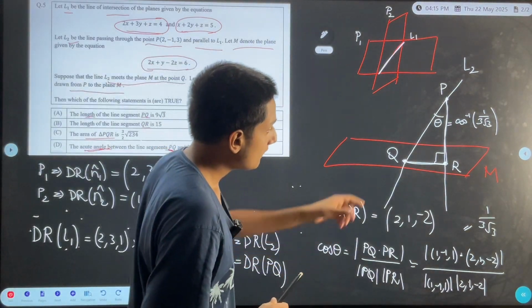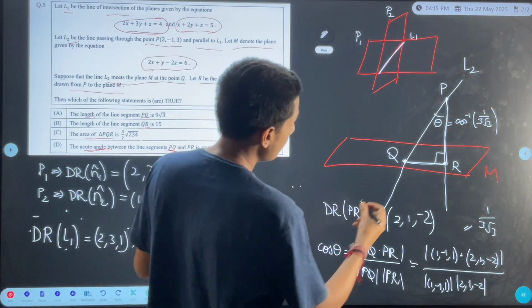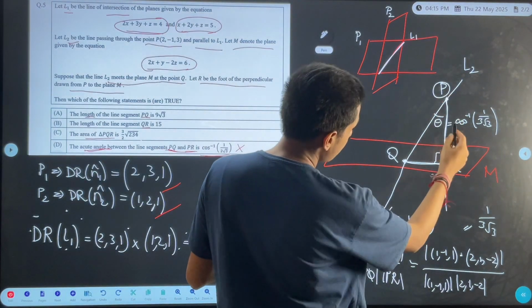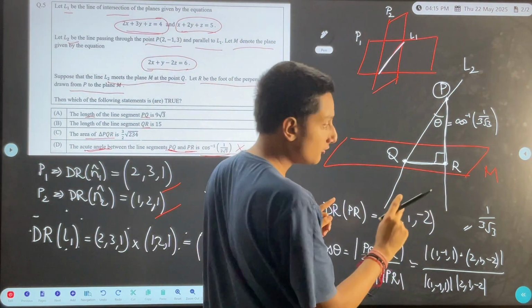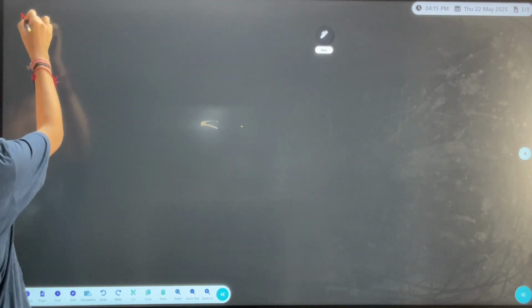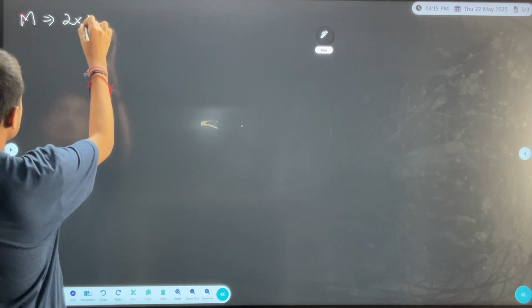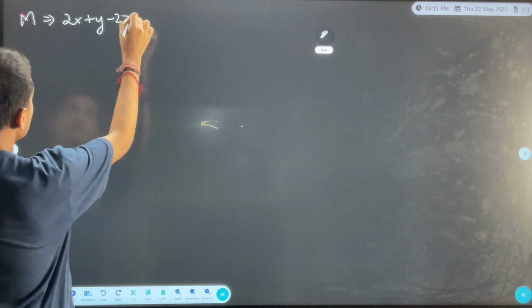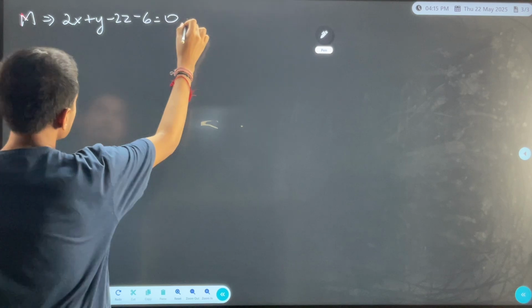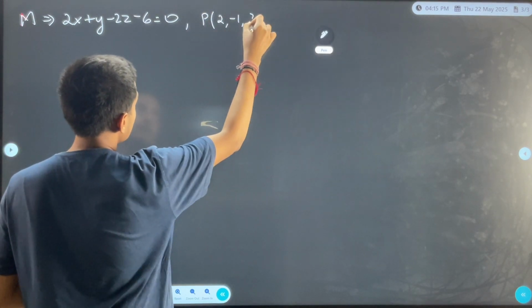What I will do is find the length PR, as it is very easy to find because we have been given the point P and we know PR is perpendicular to the plane. We have the plane M given by 2x plus y minus 2z minus 6 equal to 0, and the point P is given as (2, -1, 3).